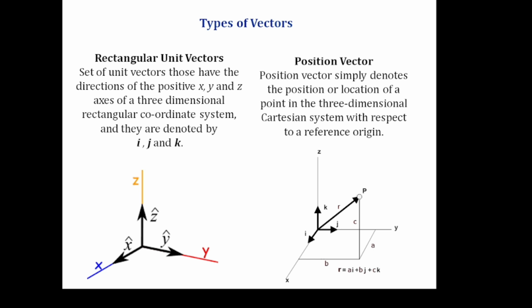Suppose in any three-dimensional Cartesian system there is a point or particle P whose coordinates are A, B, C. Then the vector r is equal to a i cap plus b j cap plus c k cap, and the unit vector r cap is equal to vector r divided by mod r. This is referred to as the position vector.